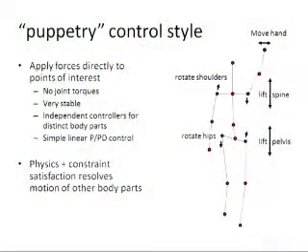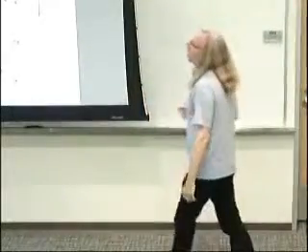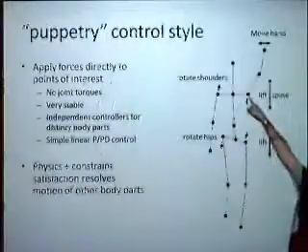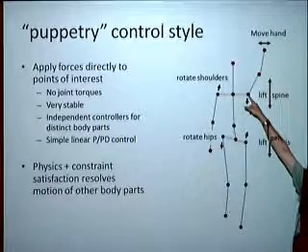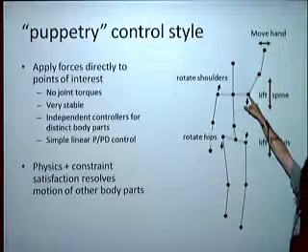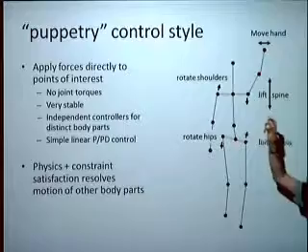Okay, so here's what I mean by the puppetry control style. Essentially, what you have is a puppet. You have a ragdoll simulation, and then rather than trying to do inverted pendulum control or something like that, the way you're going to do control is you're just going to apply forces directly to whatever parts of the body you want to. Essentially, if you want the character to stand up, we give you a jetpack.